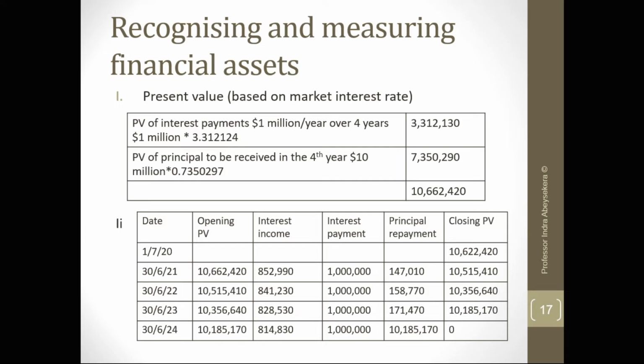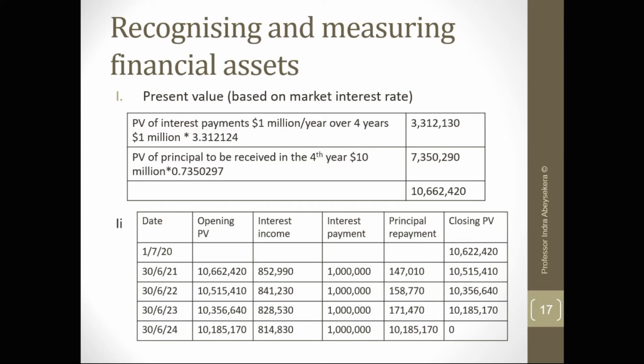So for the next year, for 2022, the brought forward bond value becomes 10,515,410. So likewise, we complete the schedule, and at the end of the 4th year, there is interest income, there is interest cash receipt, and then there is an excess amount of 185,170.